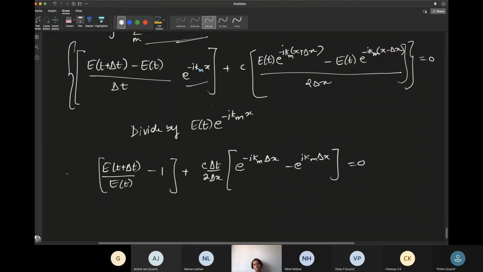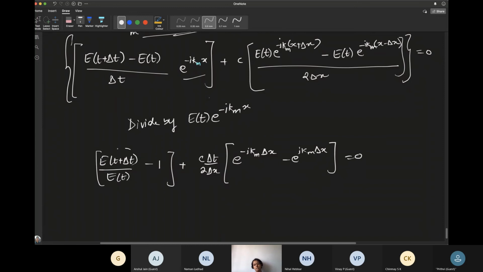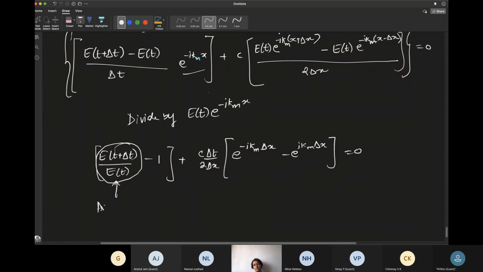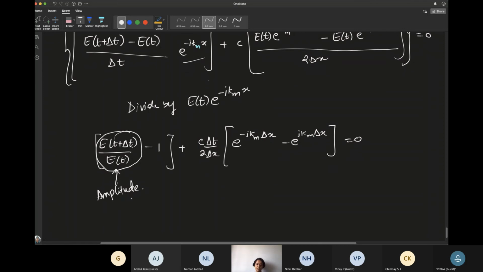So you get this equation. So now this is your amplitude ratio. This is how error varies over time. That is, this is the ratio between your error at t plus delta t and error at t. So let me call it as some a.